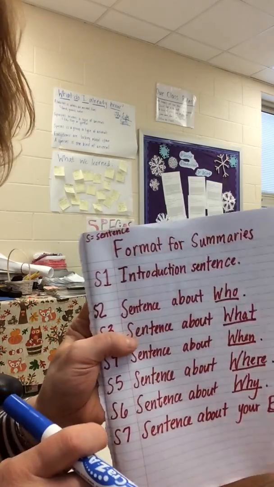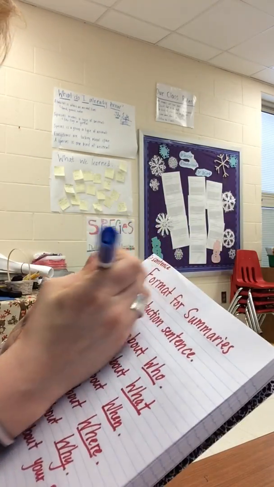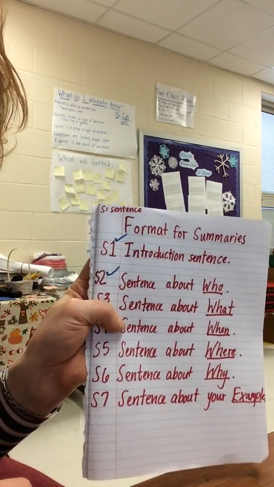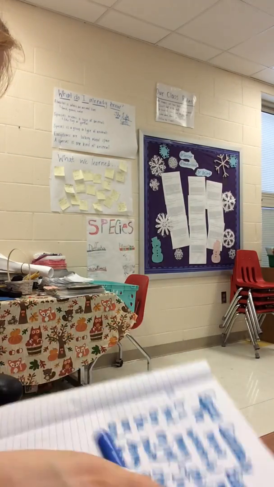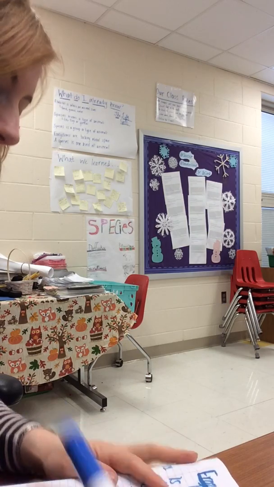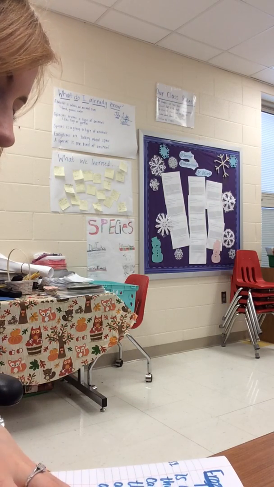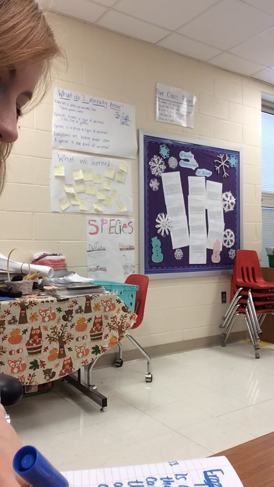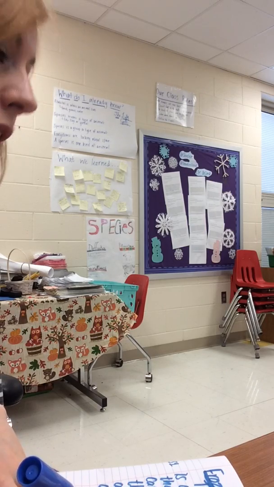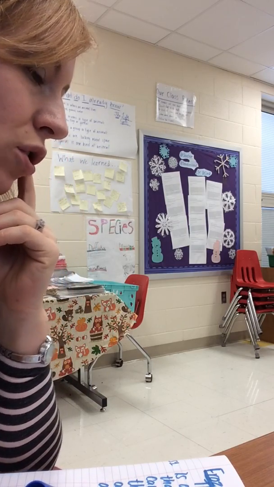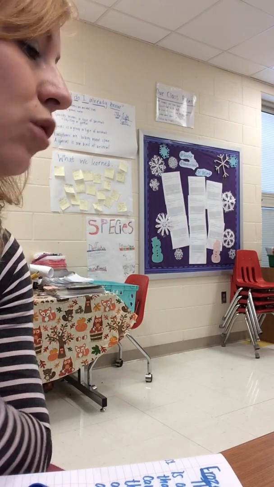All right. I'm going to go back to my page and I'm going to do a little check. I've got my sentence 1, I've got my sentence 2. Sentence 3 is supposed to be about when. And my when's, no, I'm sorry, it's supposed to be about what. My what is Anna wants a friend and Elsa wants to control her powers.